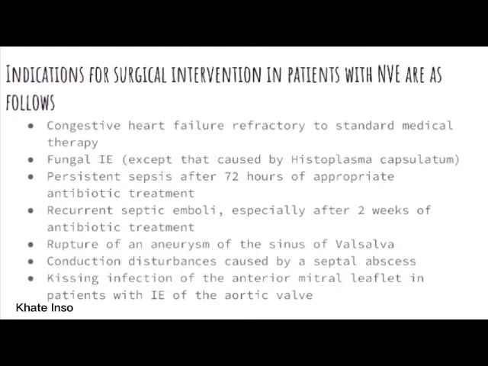So for the medication of acute endocarditis, first is beta-lactam antibiotics such as penicillin G, ceftriaxone, nafcillin, and ampicillin. It remains the drug of choice for streptococcal, staphylococcal, and enterococcal endocarditis.